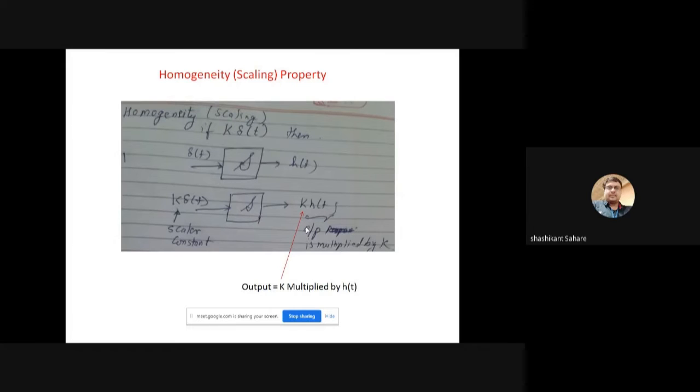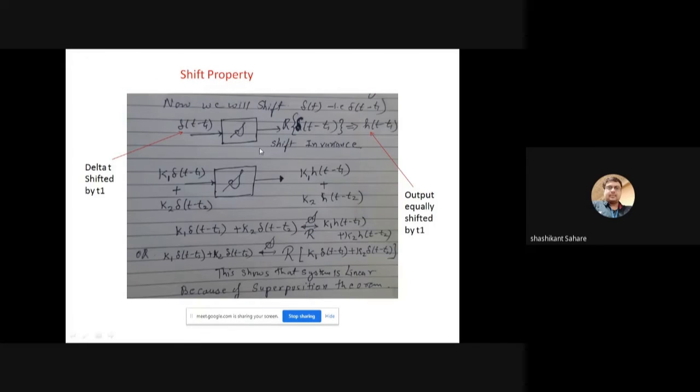Now we'll consider one more case. We know that whenever we shift the input by time t1, the output should also shift by the equal time t1. So this shows that the system satisfies the shift invariant property.